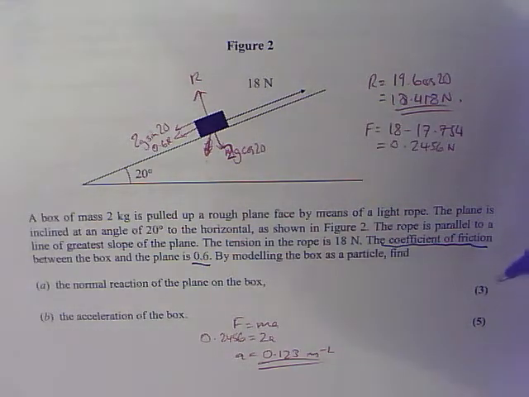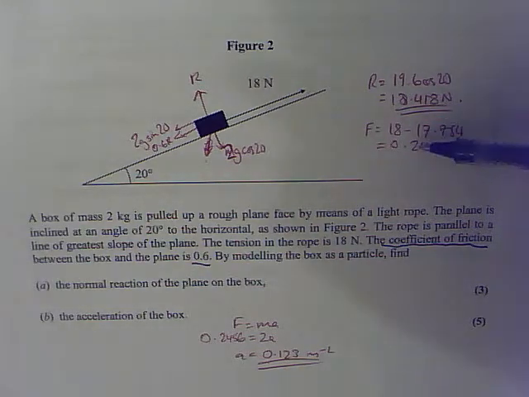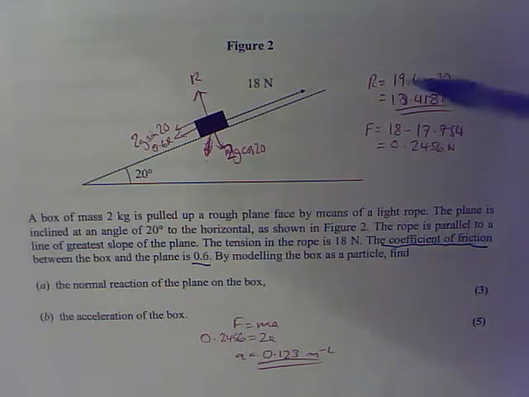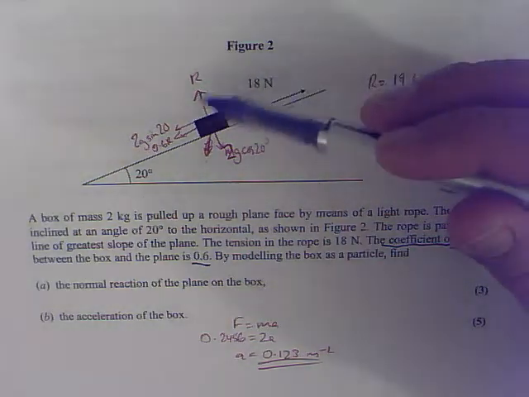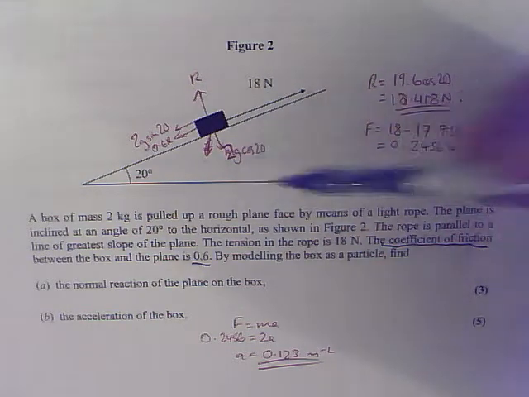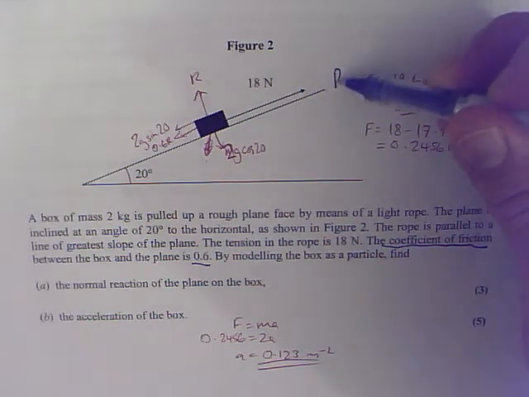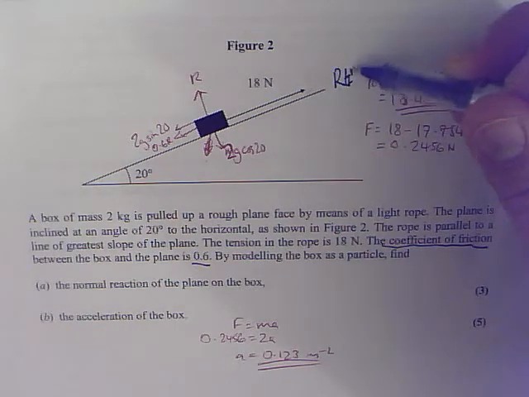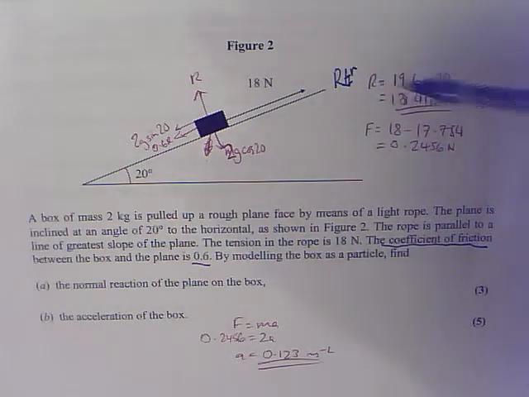It is when something's moving or about to move. So in this case, is the box moving? Yes, it's being pulled up a rough plane. Because it's moving, the friction will be at its maximum, hence 0.6R. So these are all the forces we need to know about. We've got the 18 newtons marked here. And then we just resolve parallel and perpendicular. Hopefully you're happy with that.